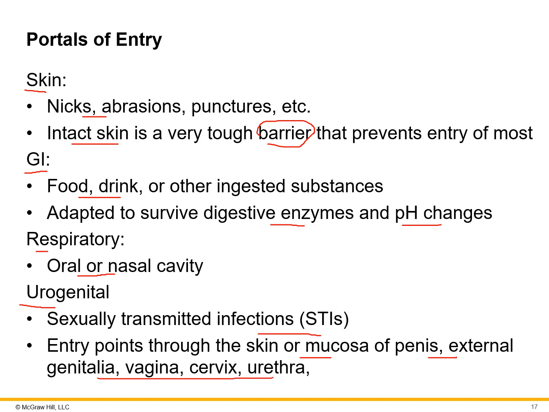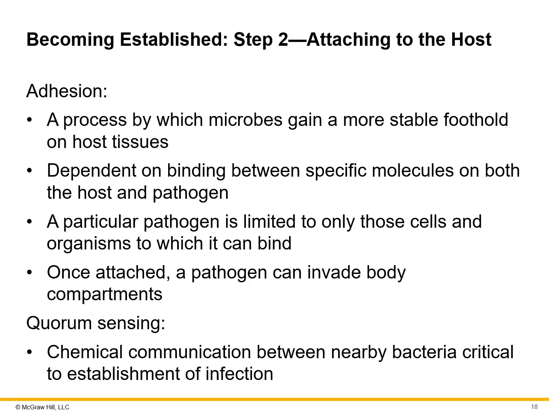Again, coming through sexual transmission, but also, especially for females, whenever they wipe, going front to back. Otherwise, it exposes E. coli, and can introduce it into the vaginal tract. So again, that's through that urogenital entry point.